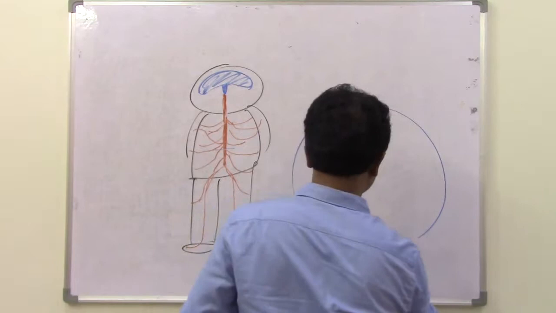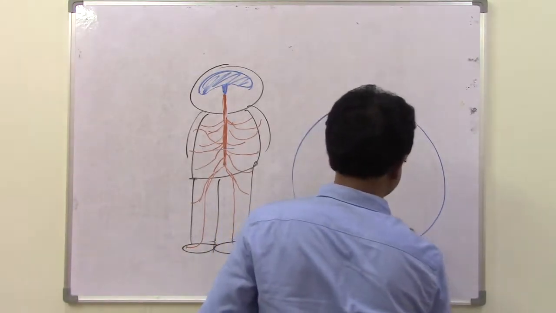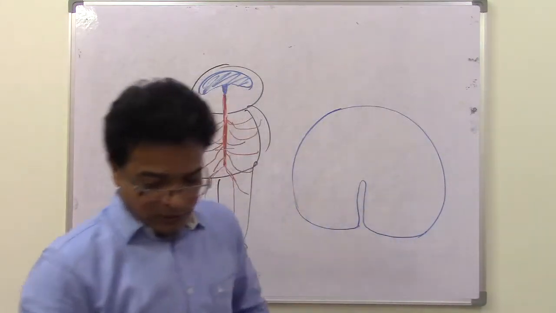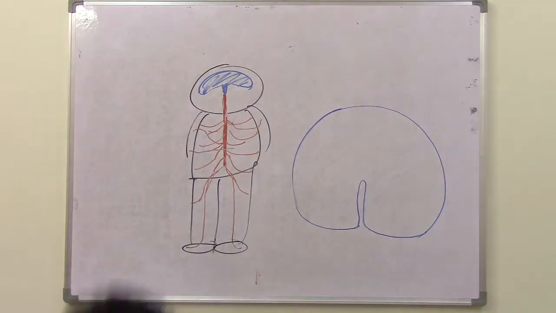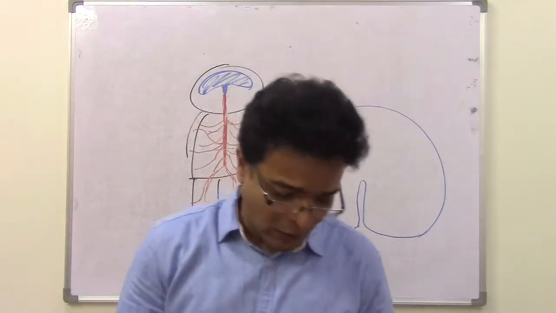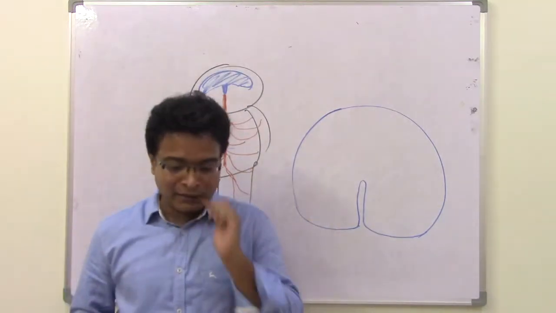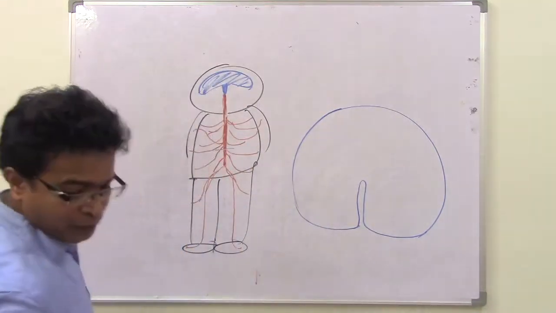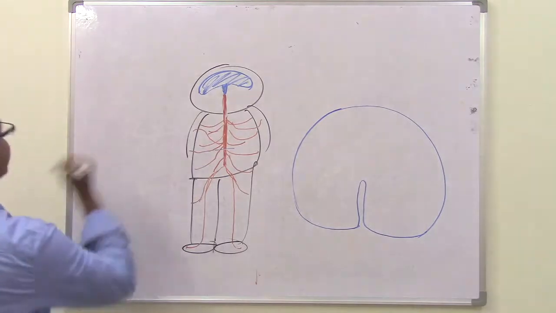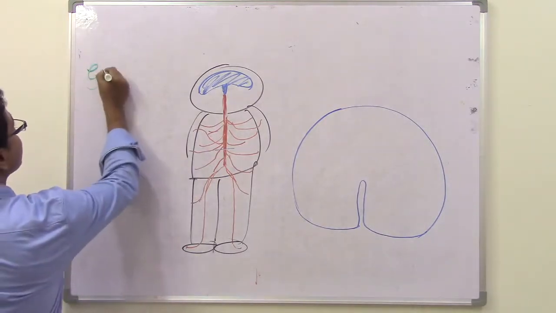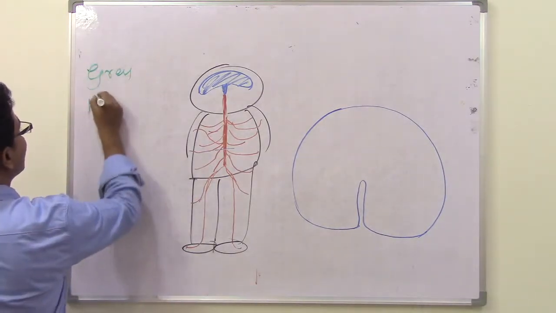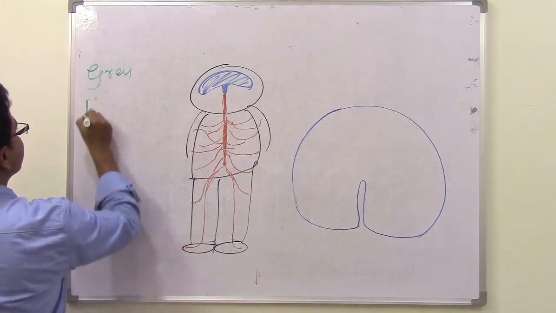So a few terms before we go into the spinal cord. One is we need to understand what is gray matter and what is white matter.